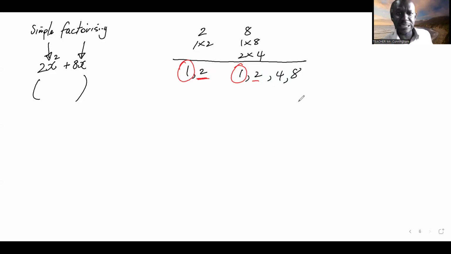Which one is the highest? Jenny? 2. So the highest common factor of 2 and 8 is 2. So the common factor is 2x. Look for the smallest number, because 2 could go into 2 and 2 could go into 8.